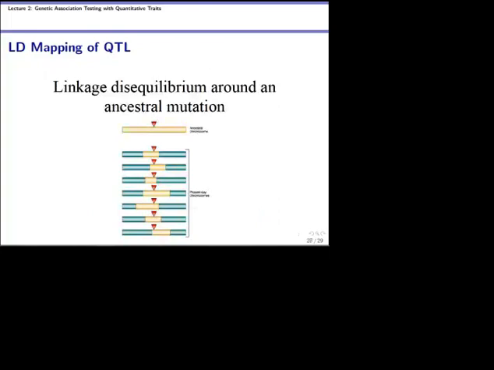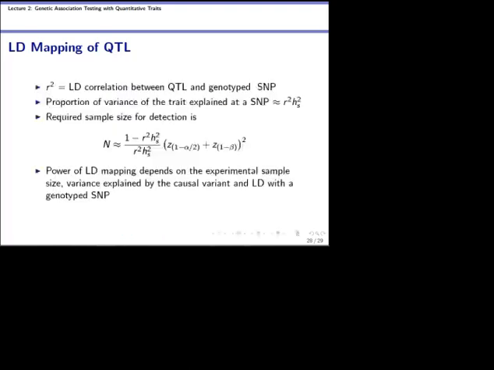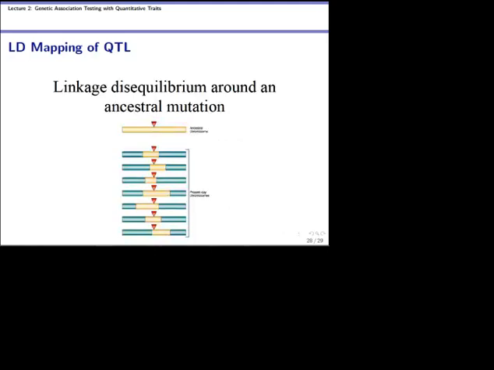Okay. So essentially you assume that there's some mutation that occurred in an ancestral population, and then it gets passed down from generation to generation, and so you're hoping that there's some LD here, that some markers in this region are tagging the true causal variant.